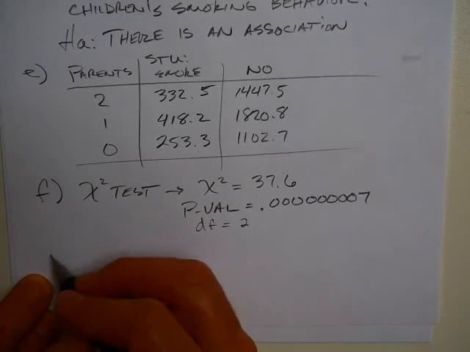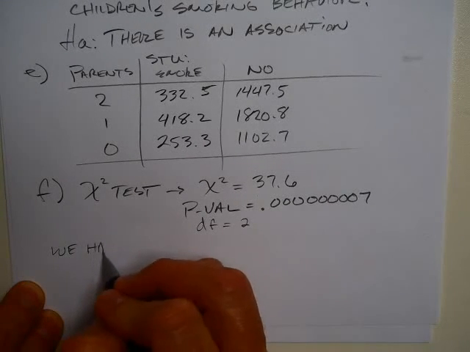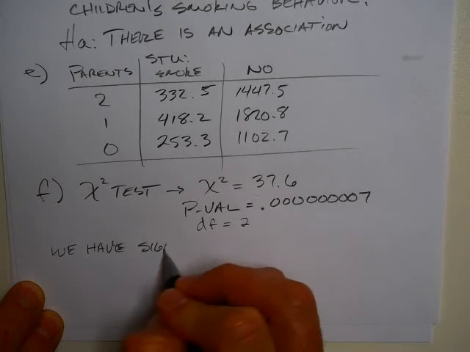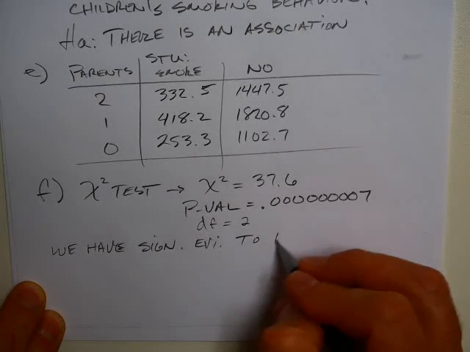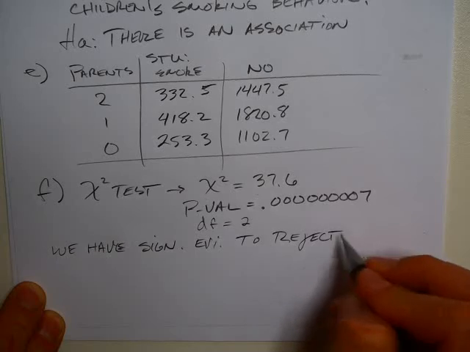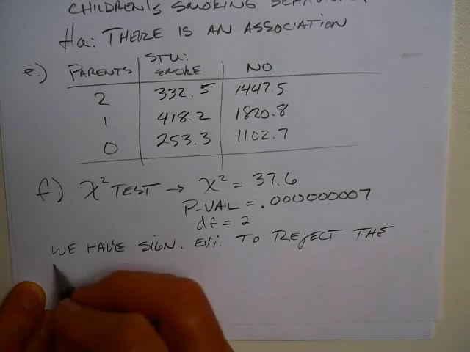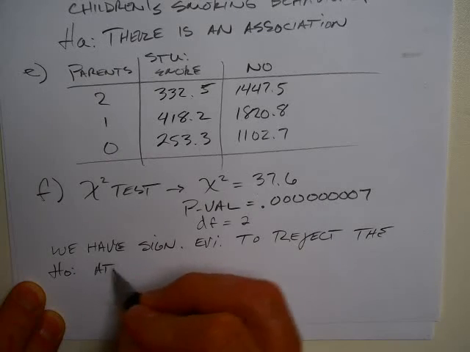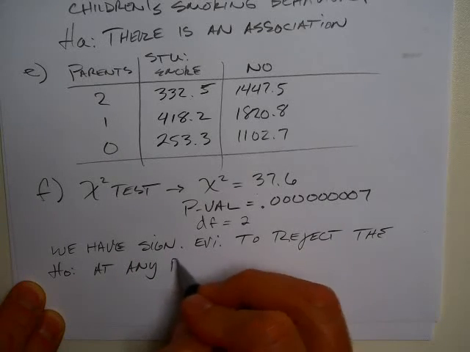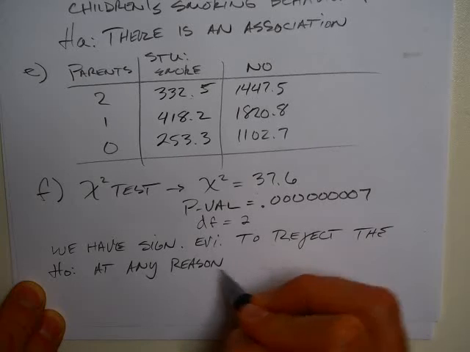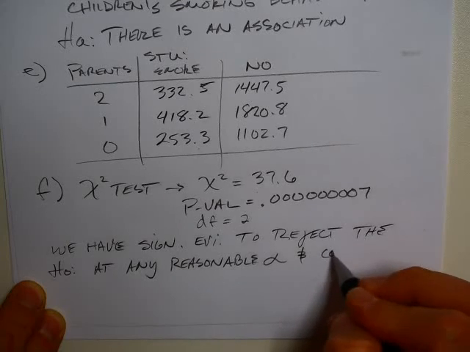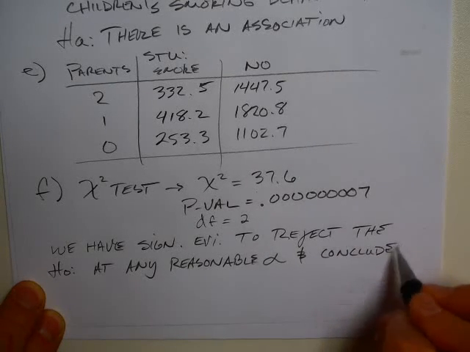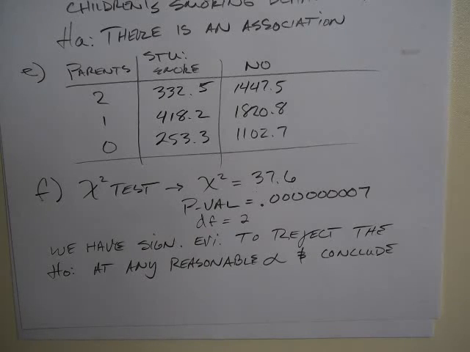So we have significant evidence to reject the null at any reasonable alpha and conclude there is an association between parents who smoke and their children.